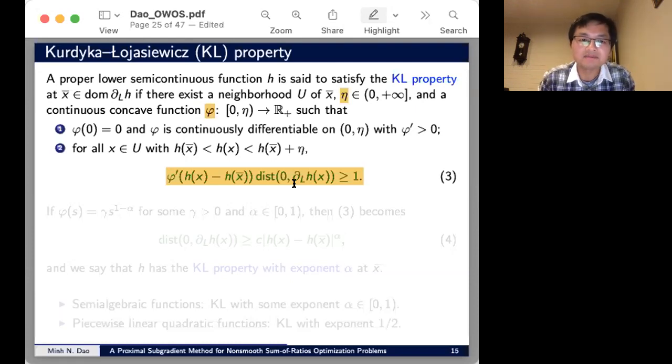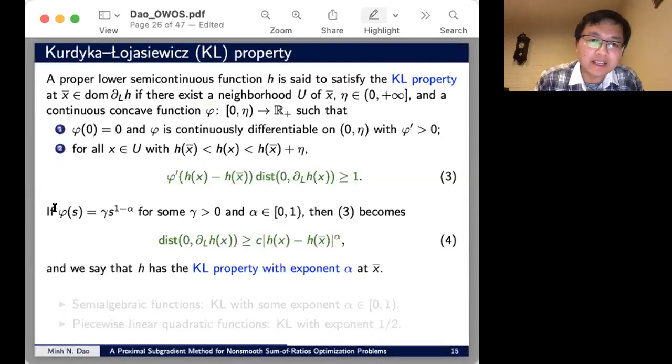Of course, the distance is the minimal norm, but in practice we just choose an arbitrary subgradient.